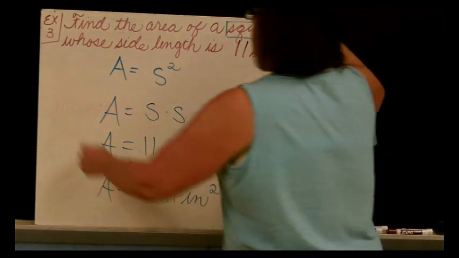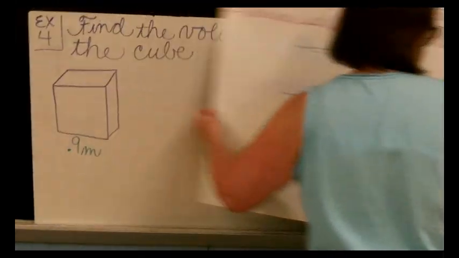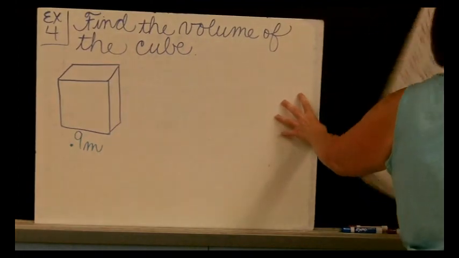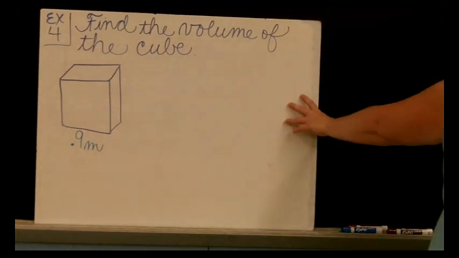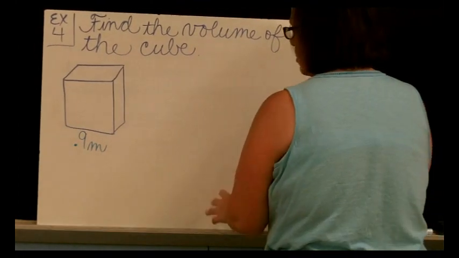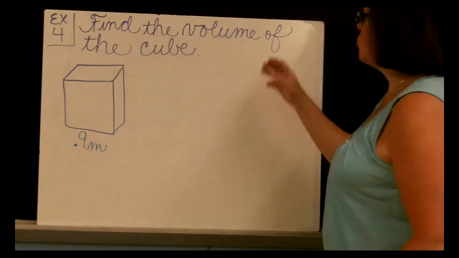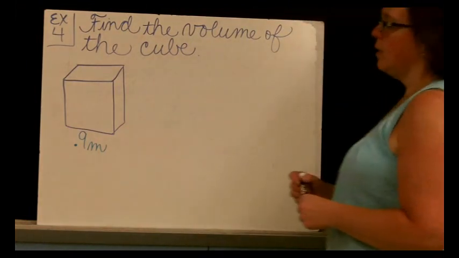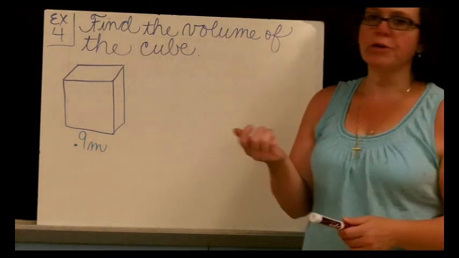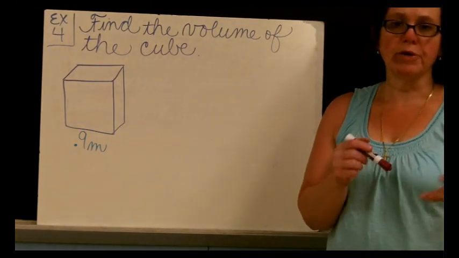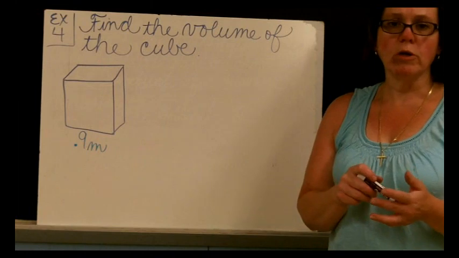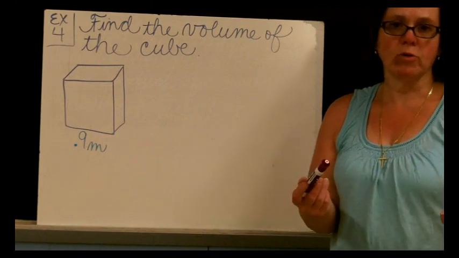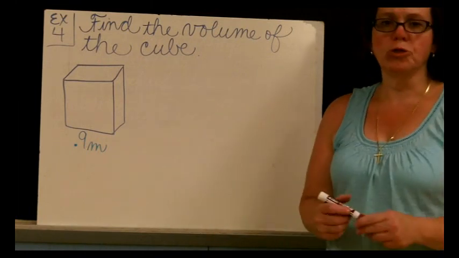And so now what we're going to do is one more example which uses a power, and this time we're going to use powers to find the volume of a cube. And now this will only work with a cube, just as in example 3, that formula will only work with a square because squares have equal sides, cubes do as well.